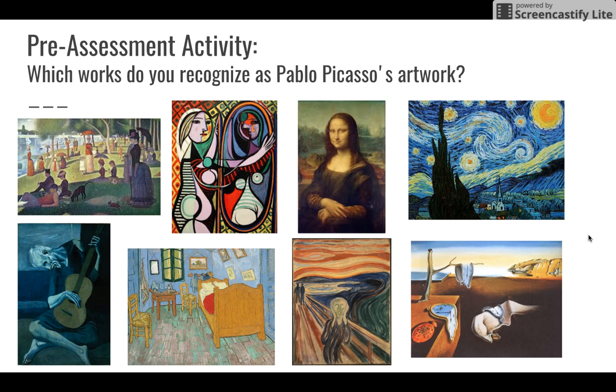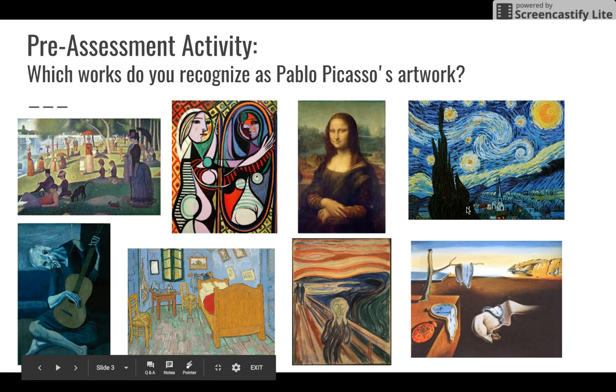So our pre-assessment activity for today's lesson is glancing over some of these images that you see, and I want you to think to yourself which ones, just from your knowledge as of this point, reflect Pablo Picasso's artwork, or which ones are Pablo Picasso's. We see the Starry Night.